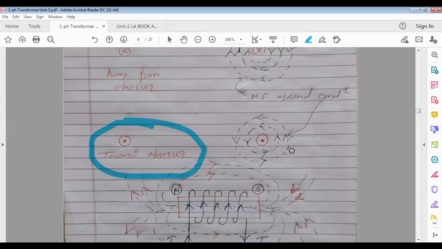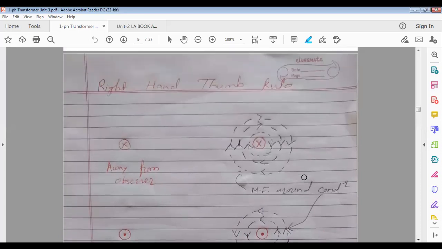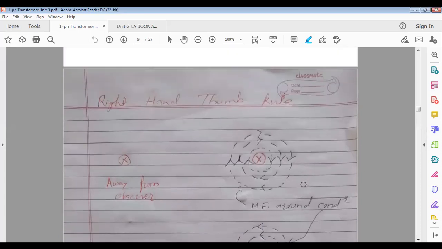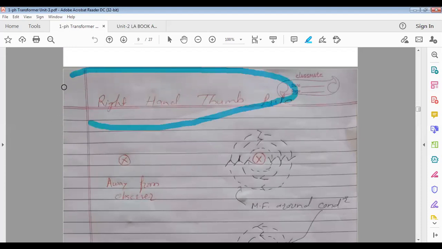So see here, I have denoted the magnetic field around the conductor in the anti-clockwise direction. Whenever you pass current through any conductor, it produces a magnetic field around it, and its direction you can find using the right hand thumb rule.